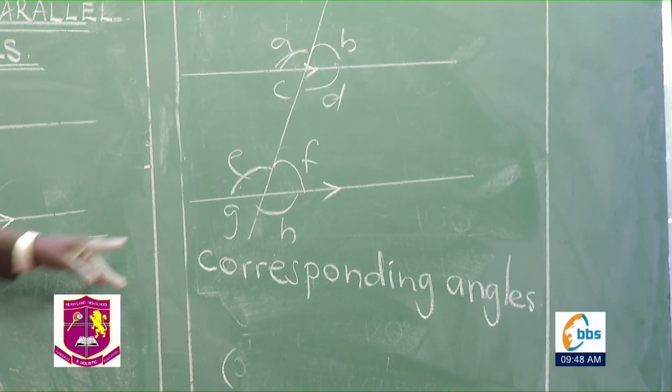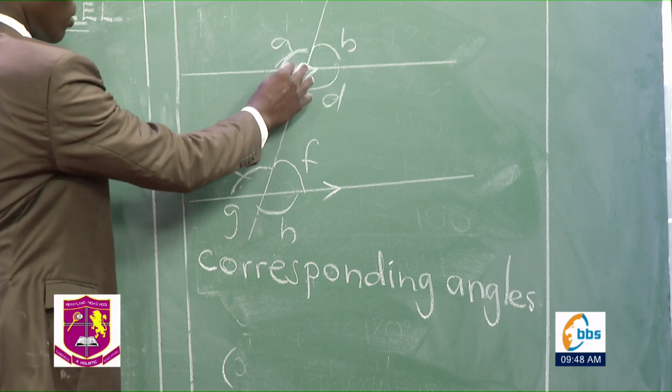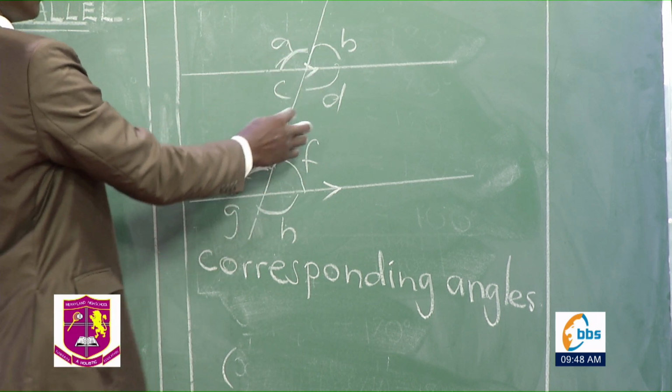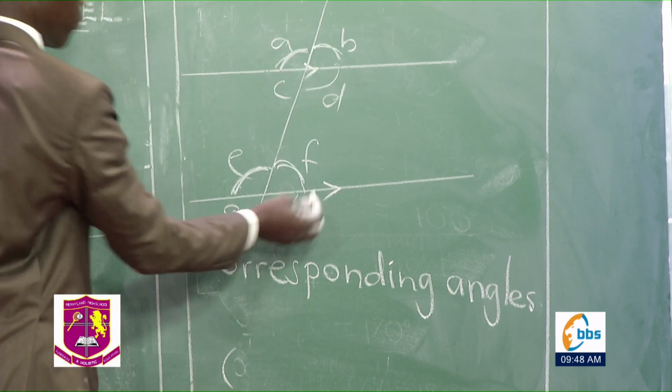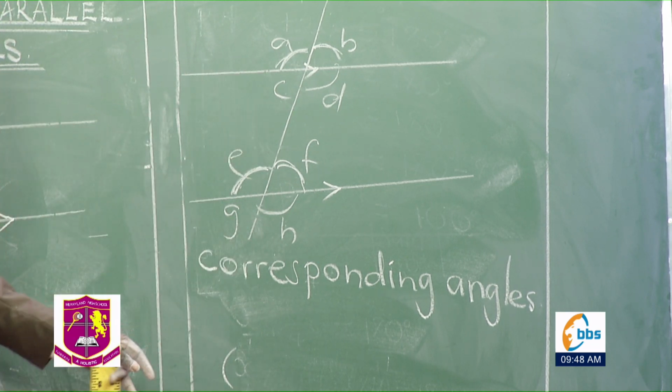Corresponding angles. You realize that angle A corresponds with the angle E. Angle B corresponds with the angle F. So corresponding angles are equal.